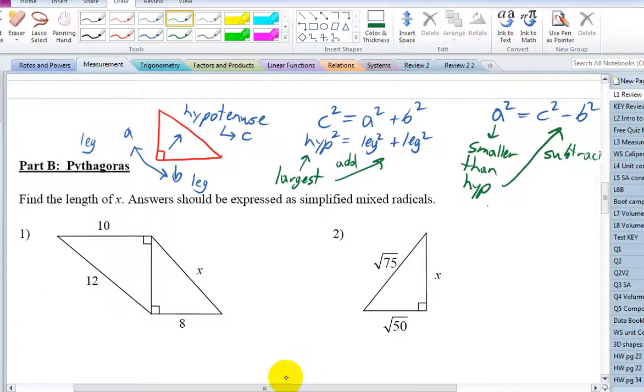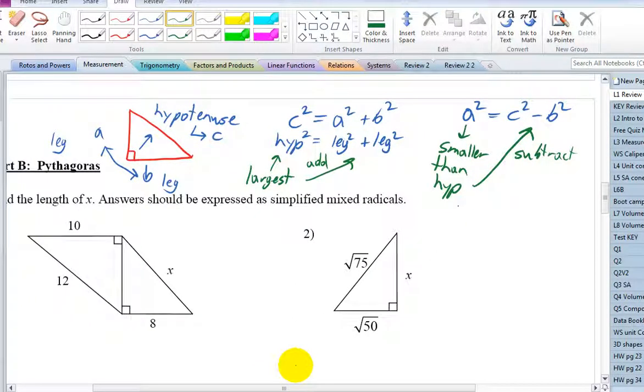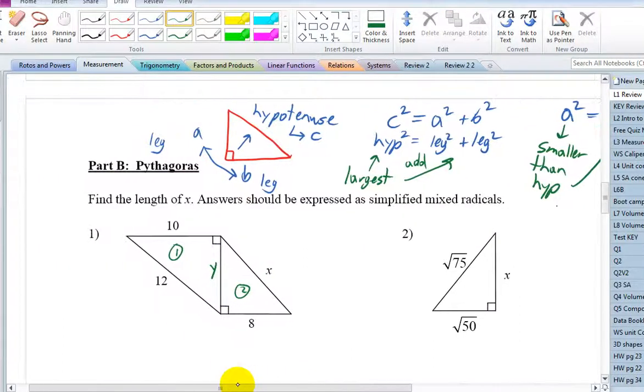Now for us in grade 10, we do Pythagoras of Pythagoras. So what we want to do first of all is find y. That's the first step. We have triangle 1, we find y, then we work on triangle 2. So is y the hypotenuse or is it a leg? On this triangle, this is your hypotenuse. That's key.